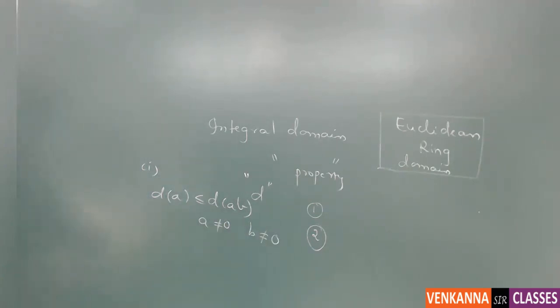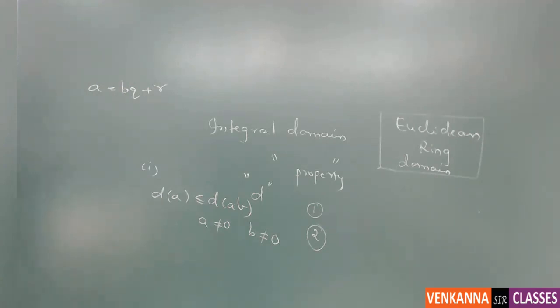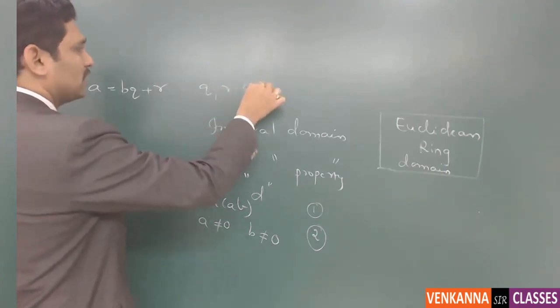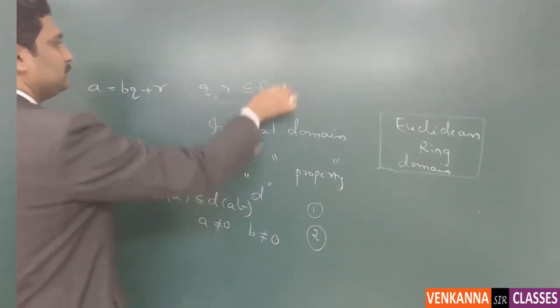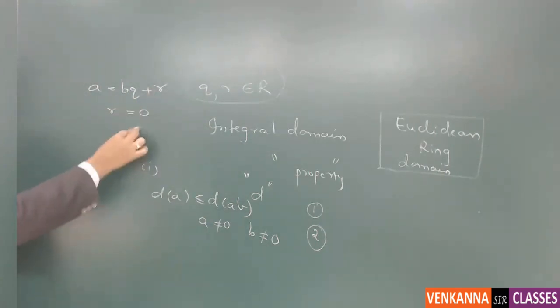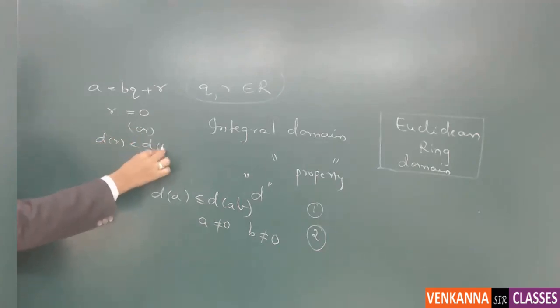And the second condition is you are able to write a equal to bq plus r, where q and r also belong to the same set, where the remainder r is 0 or d of r is less than d of b.